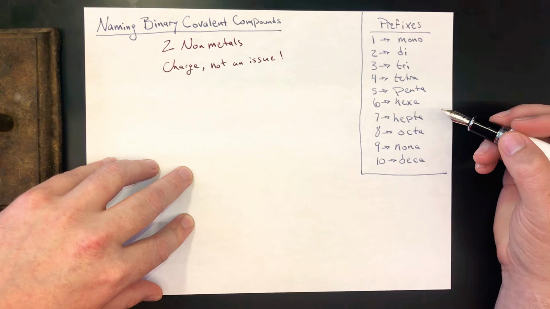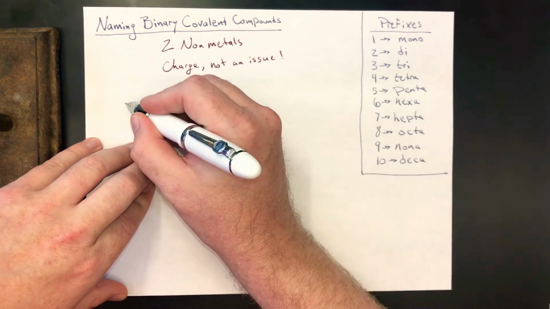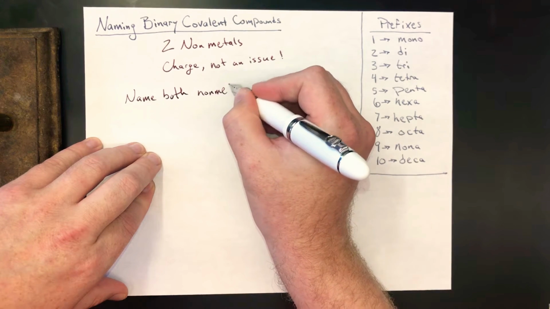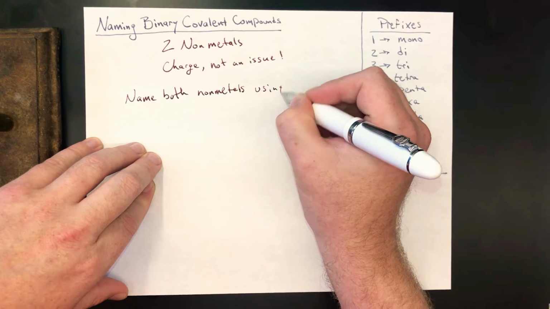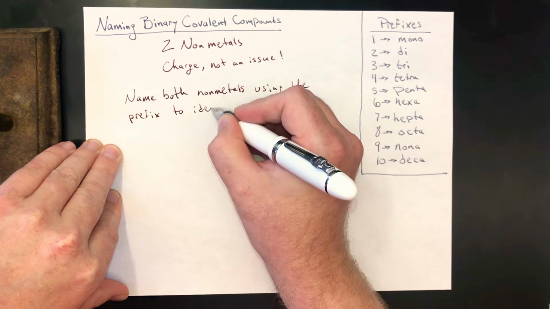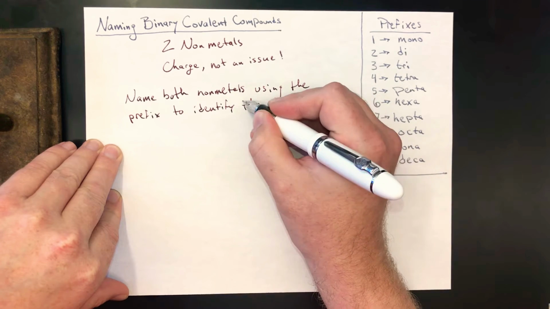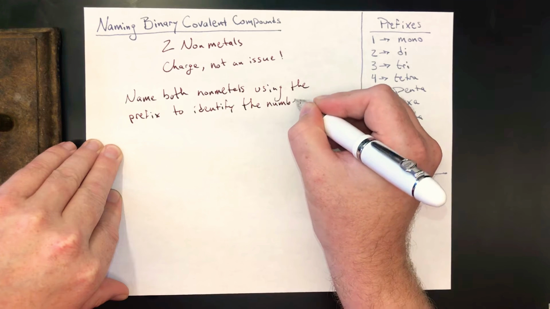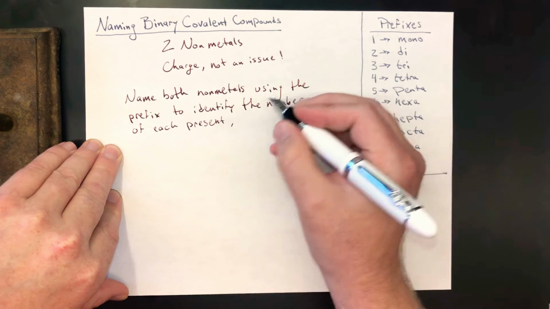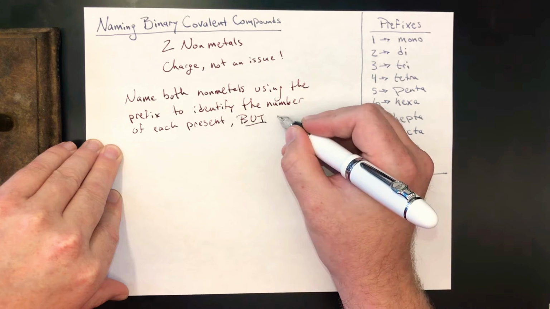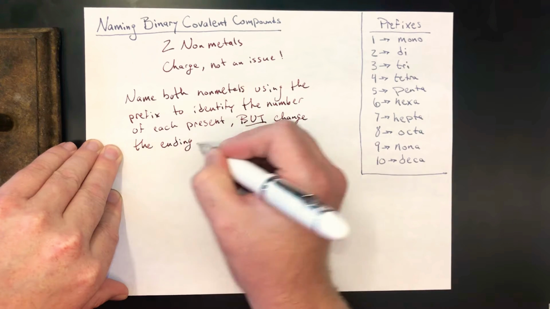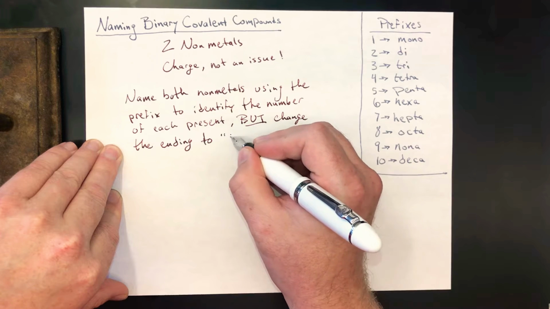It should go pretty easily as we use them over and over. The way we're going to name these, we're just going to name both nonmetals using the prefix to identify the number of each present, but we're going to change the ending to "-ide".